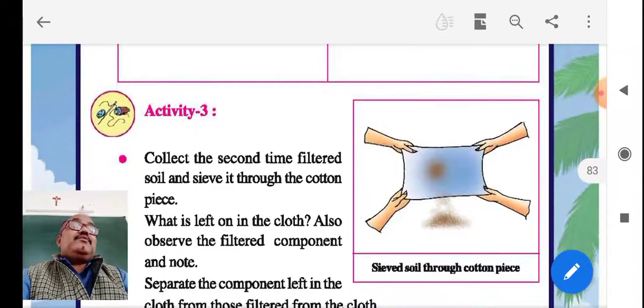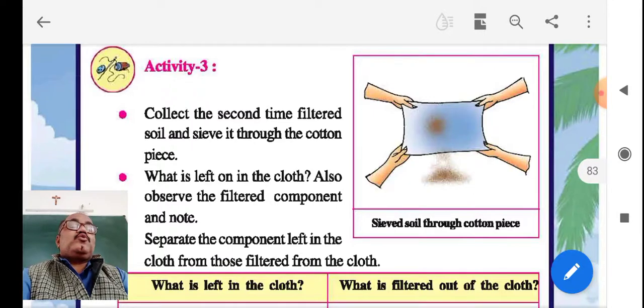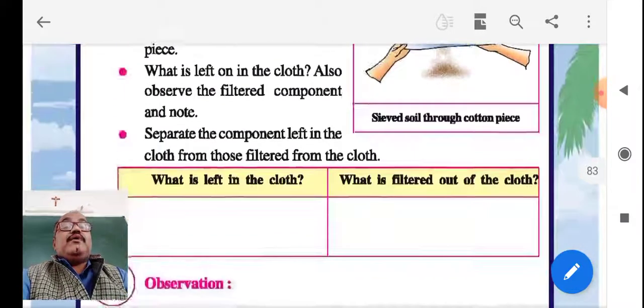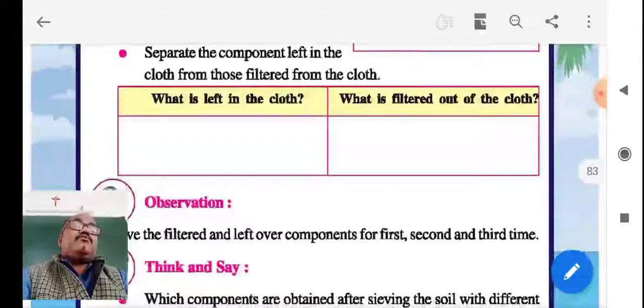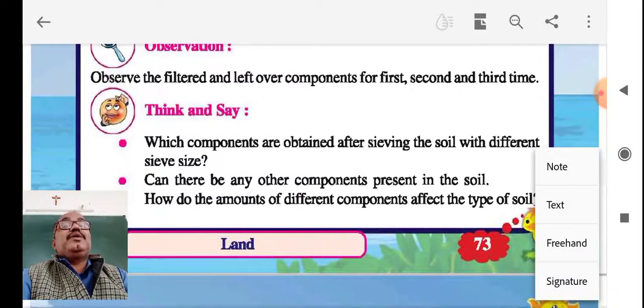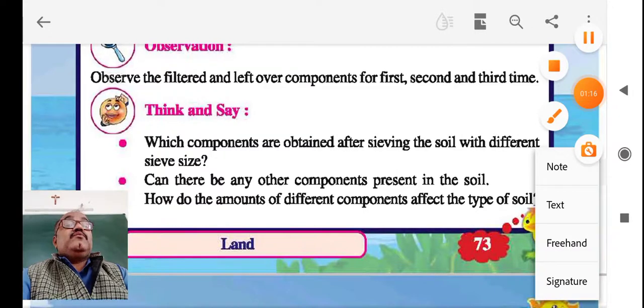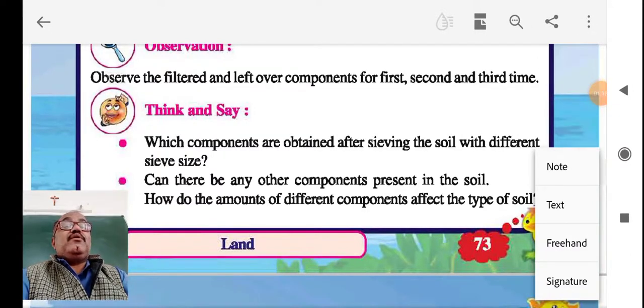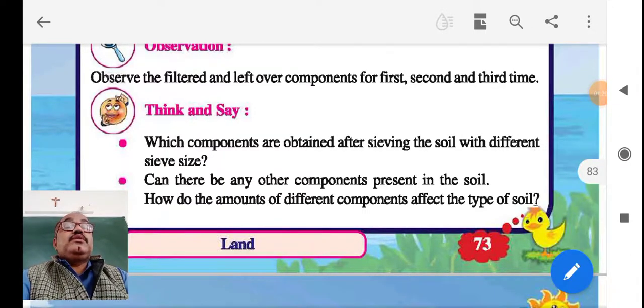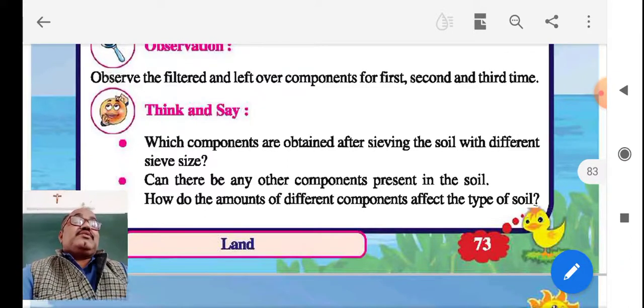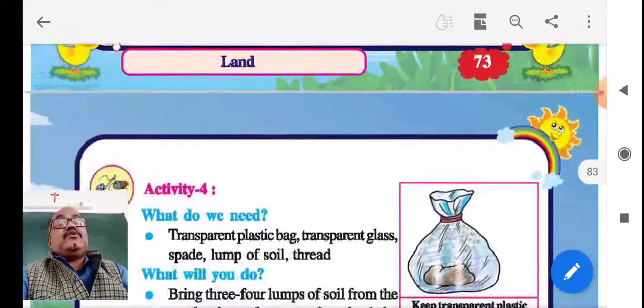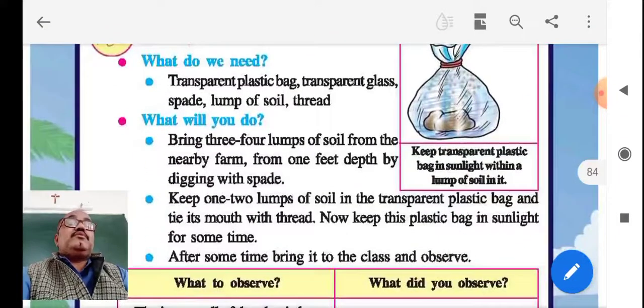After sieving, through the cotton piece and the sieve, some things are left on it and we have to observe those components. We have seen many components remaining on top after sieving soil with different sieve sizes. I have already shared the answer with you.